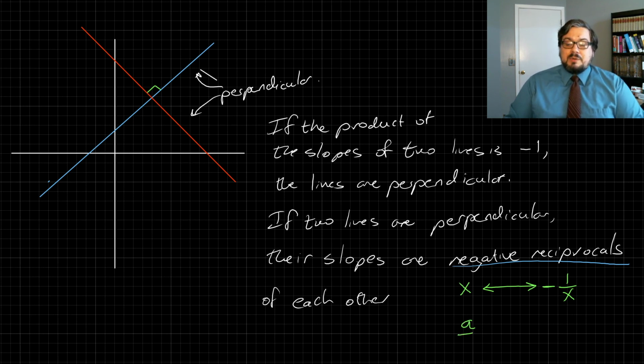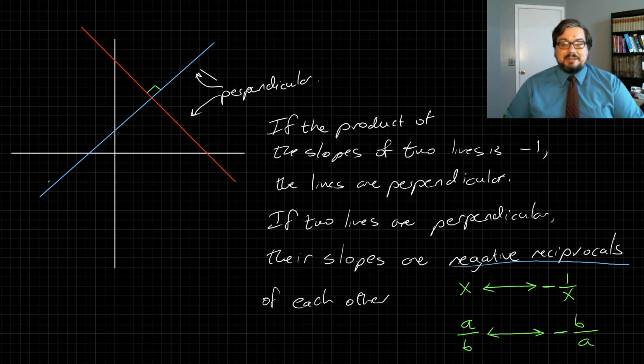Or if we're starting with a fraction to begin with, a over b, the reciprocal of that number is b over a, and then, again, we want to change the sign, make it negative b over a. So two lines can be seen to be perpendicular by comparing their two slopes to say, are they negative reciprocals of one another?